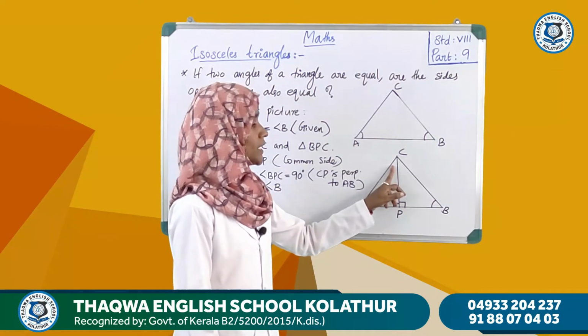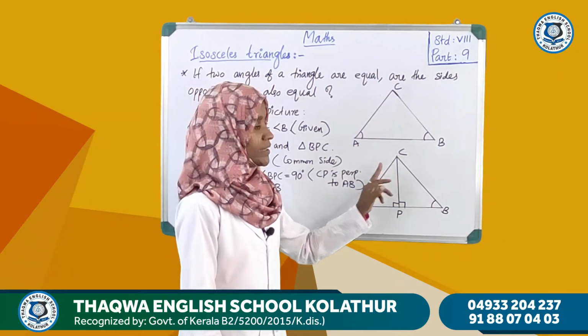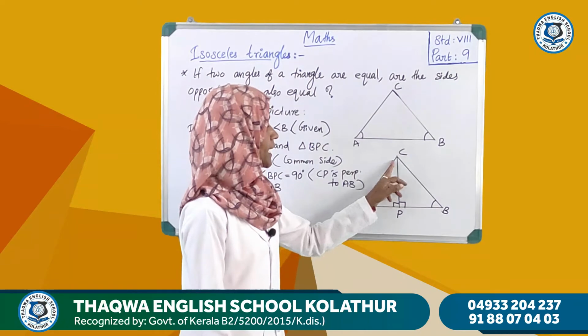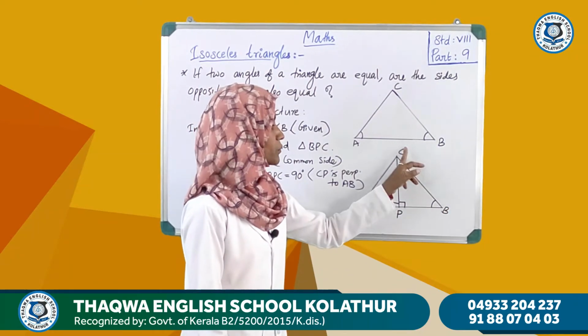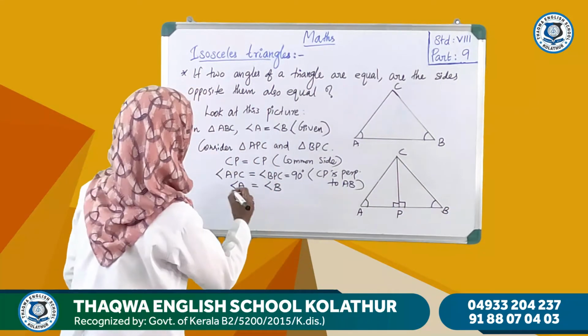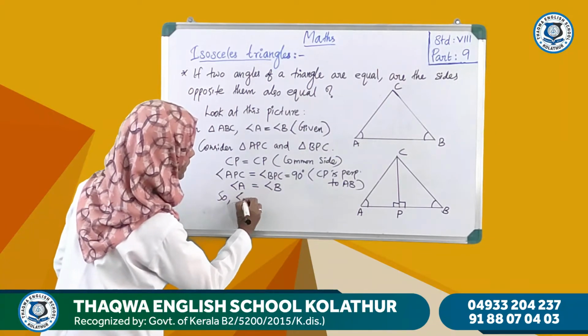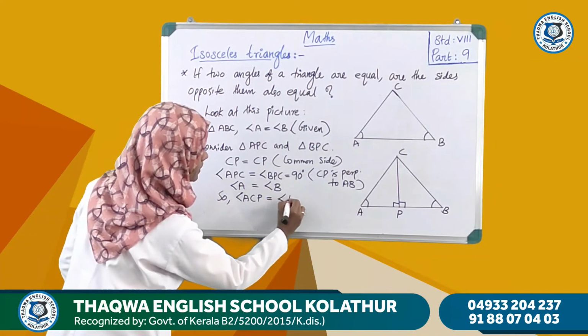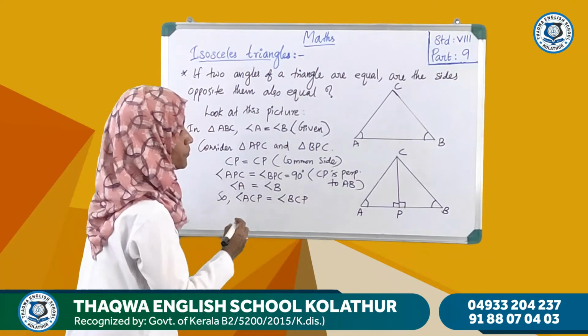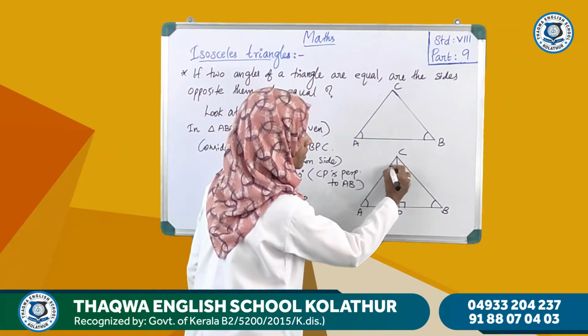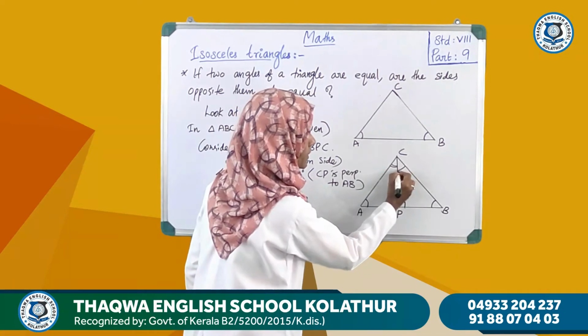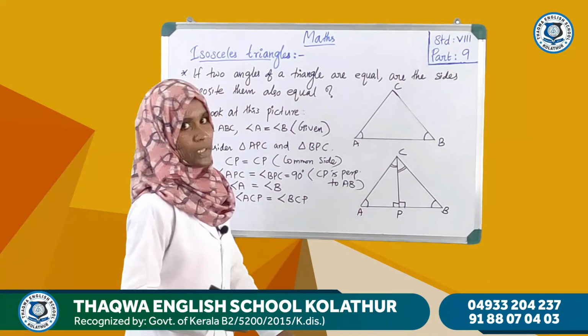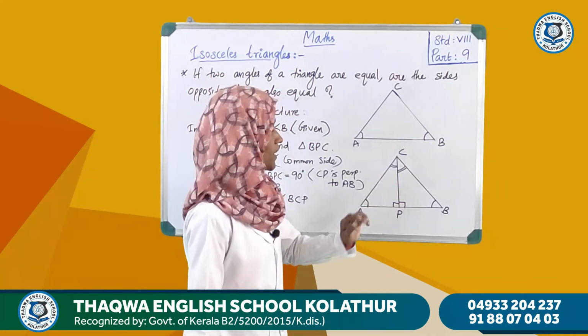Thus, the third pair is also equal. Which is the third pair? Angle ACP and angle BCP. So, angle ACP equals angle BCP.